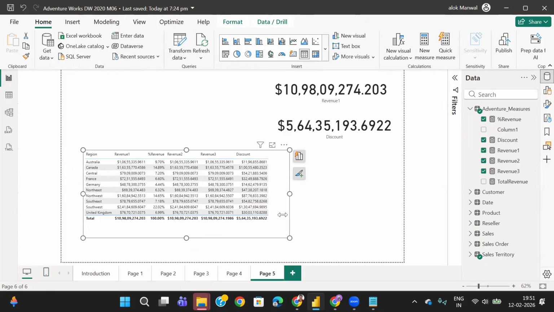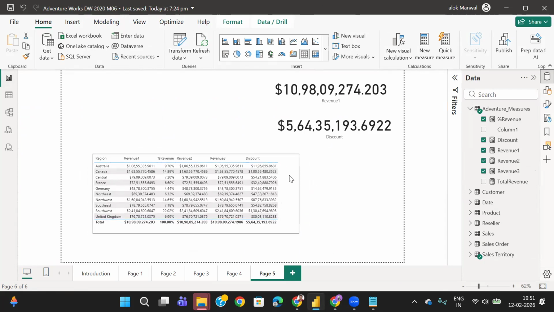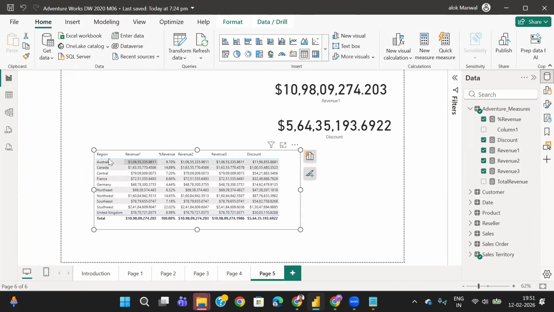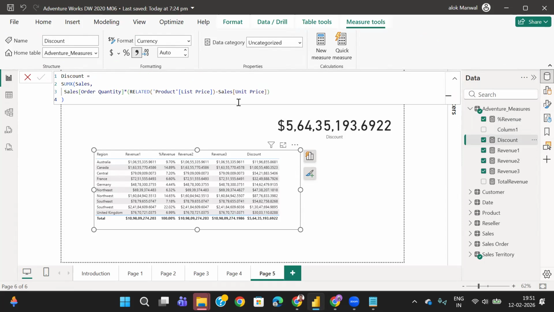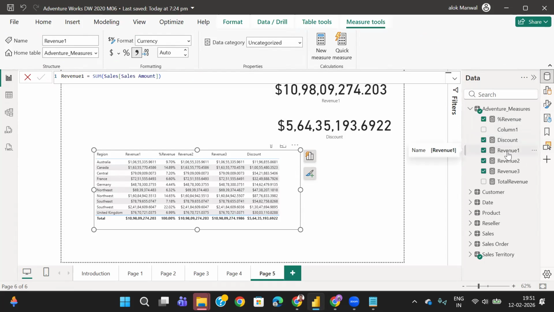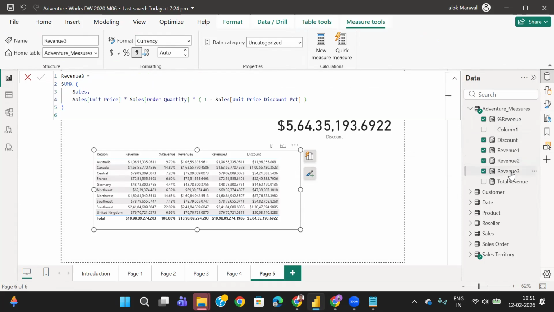Here we have calculated a different version of the iterator functions, revenue percentage from discount. So I think SUMX is quite clear to you. Should I remove them all now?